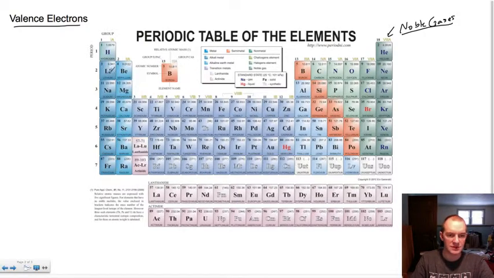Lithium would have to increase by 7 electrons in order to look like neon, or it could decrease by 1 electron to look like helium. Because it's easier to lose 1 electron, it's going to look like helium, and as a result, lithium will have a +1 charge.